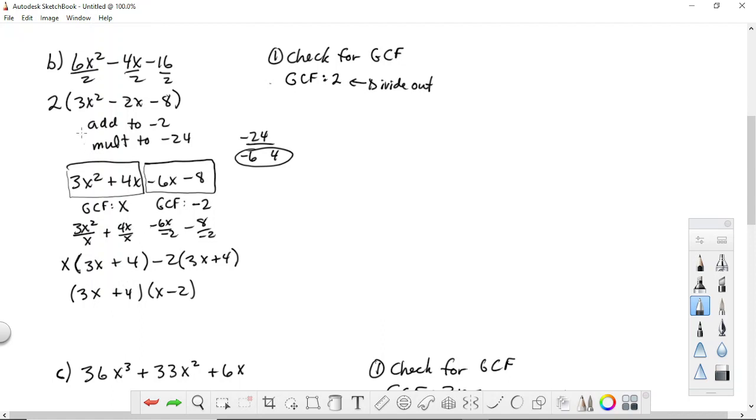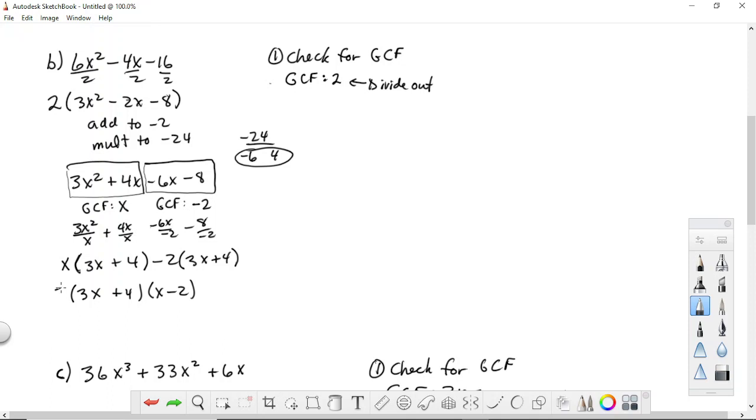And of course, we cannot forget this 2 that was here. We sort of dropped it. We haven't been writing it down along with that. It's kind of cumbersome to write that all along. You have to put more parentheses out and say, well, there's a 2 here. Don't forget that. So usually I just remember at the end, oh yeah, we factored out a 2 at the very beginning. Okay. So again, it's right here.